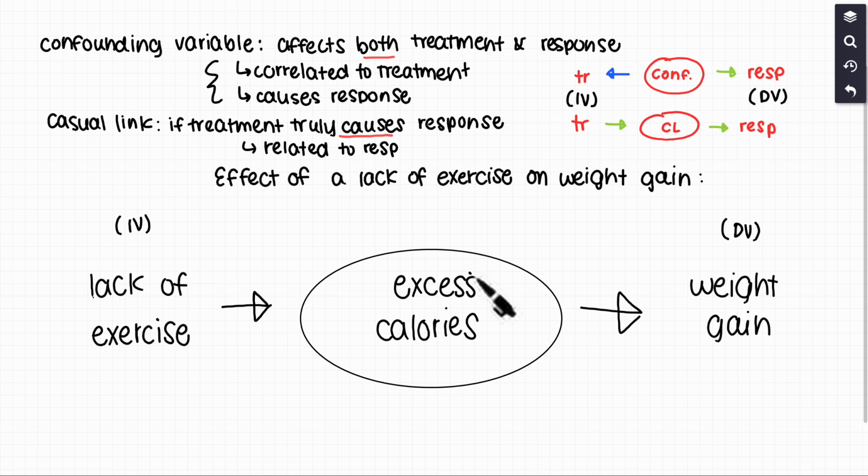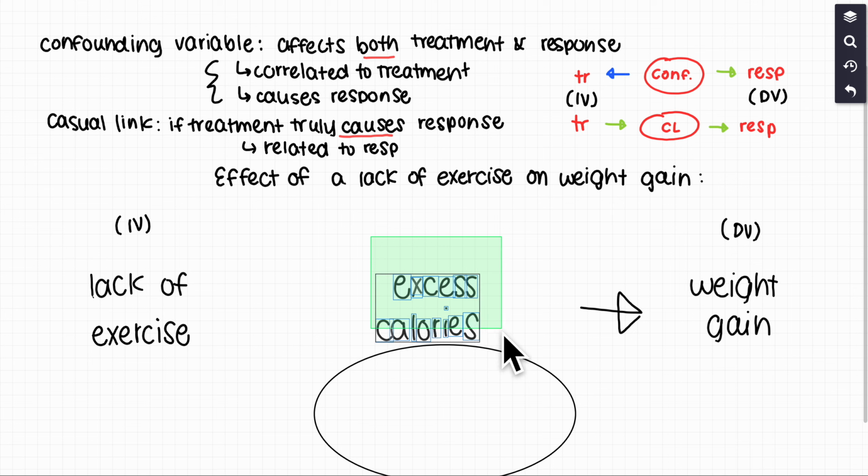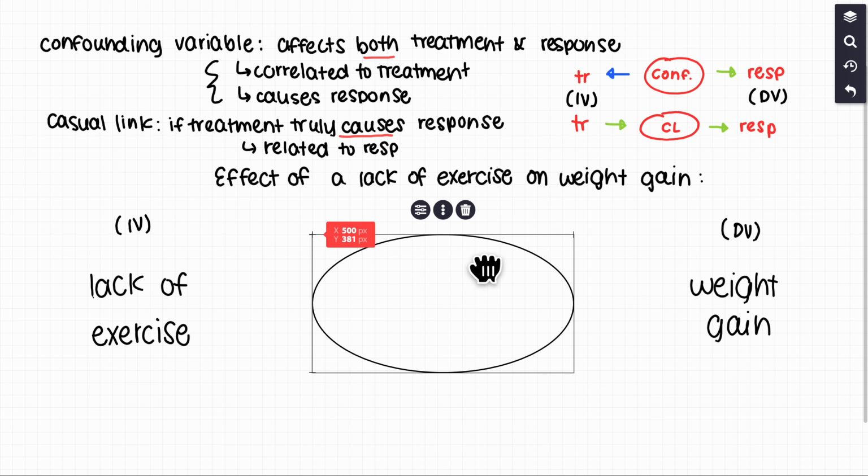So in this diagram, it's similar to the one for a causal link, because this treatment causes this variable to take place, an excess of calories, and excess calories causes weight gain to occur. So that's how we know excess calories is a causal link. I'm going to reset my diagram so that we can look at another variable.